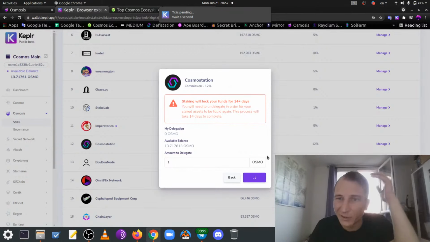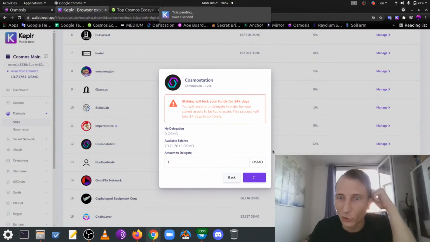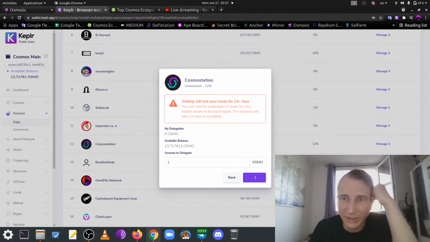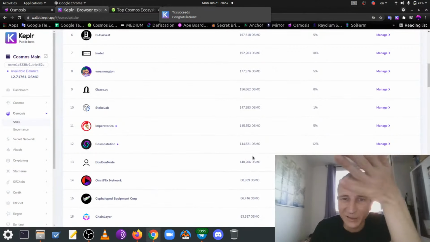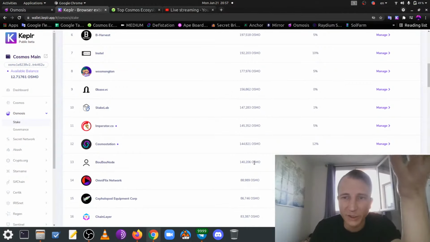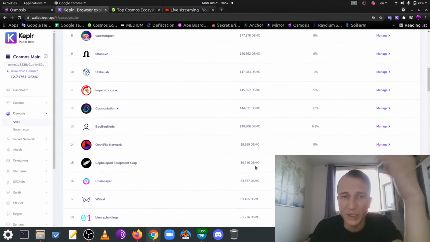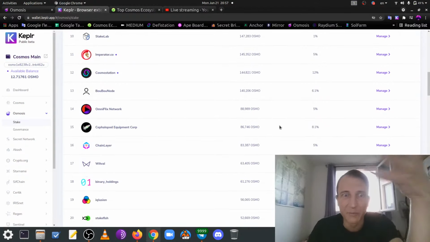What is the reason to delegate to validators with a commission bigger than others? Because when a validator does a lot for the network, the price of the coin grows. If you support validators that bring a lot of value to the project, it's like an investment in your investments. You will get a bigger price of the coin in the future because these validators bring more value.